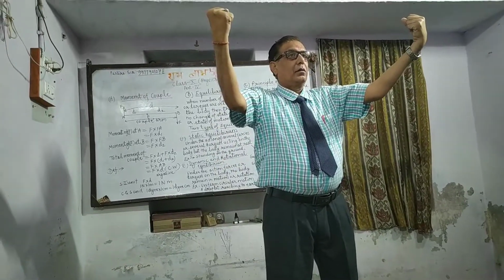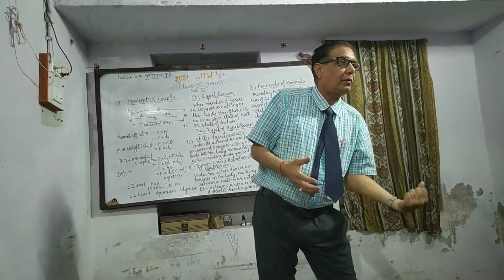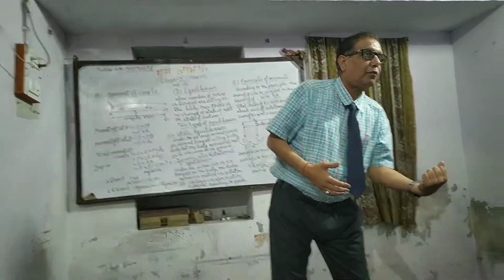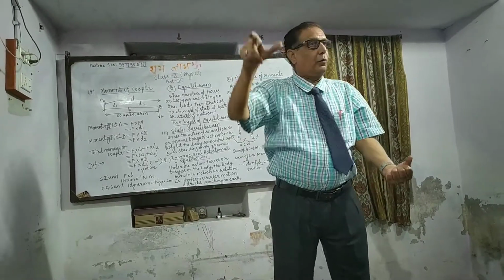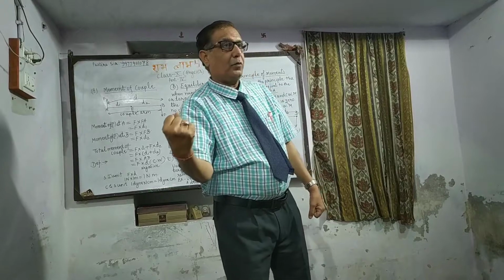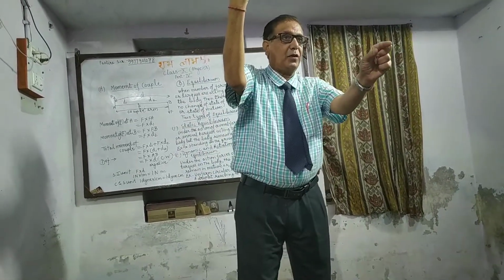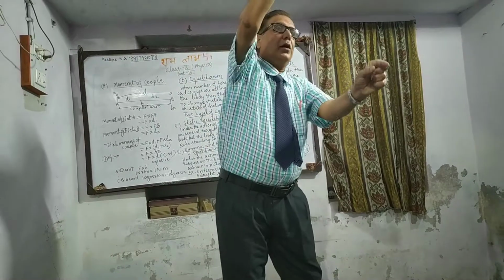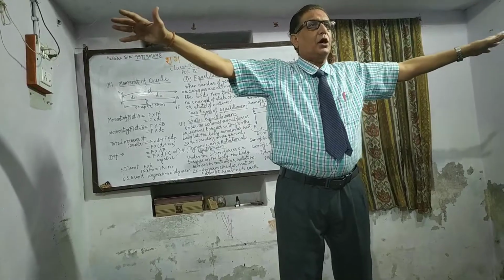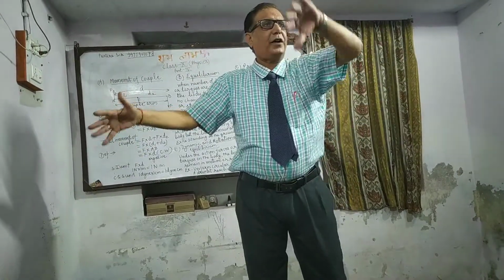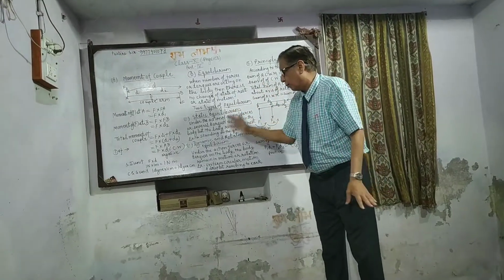Then that blade will not rotate, because the first boy who has applied the force in the upward direction produces a clockwise effect, and the other boy, standing in the opposite direction, is also pushing upward. The fulcrum is in the middle, so his effect is anti-clockwise. So the clockwise effect and the anti-clockwise effect become equal.